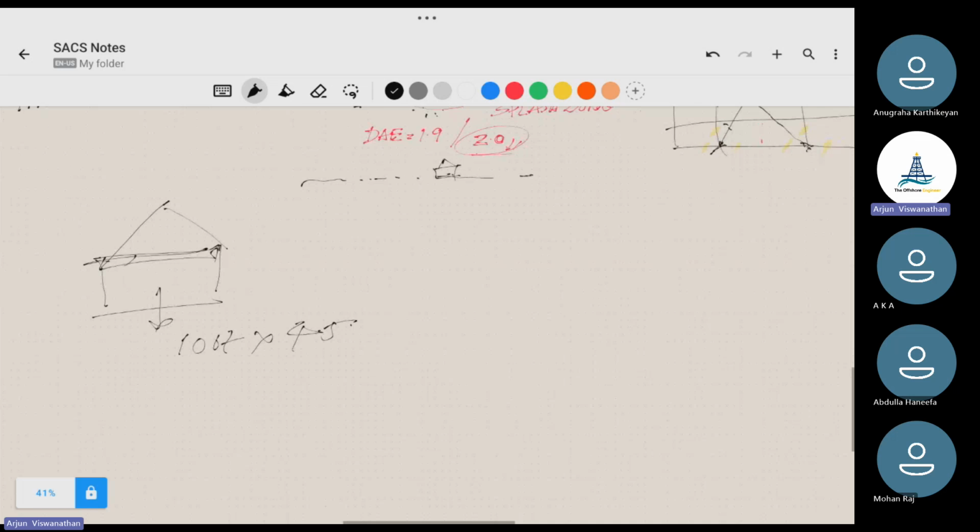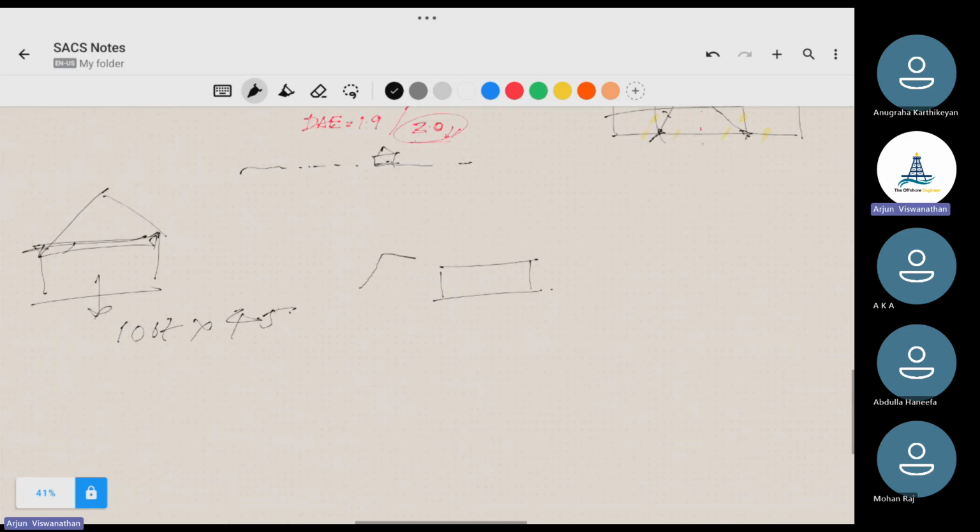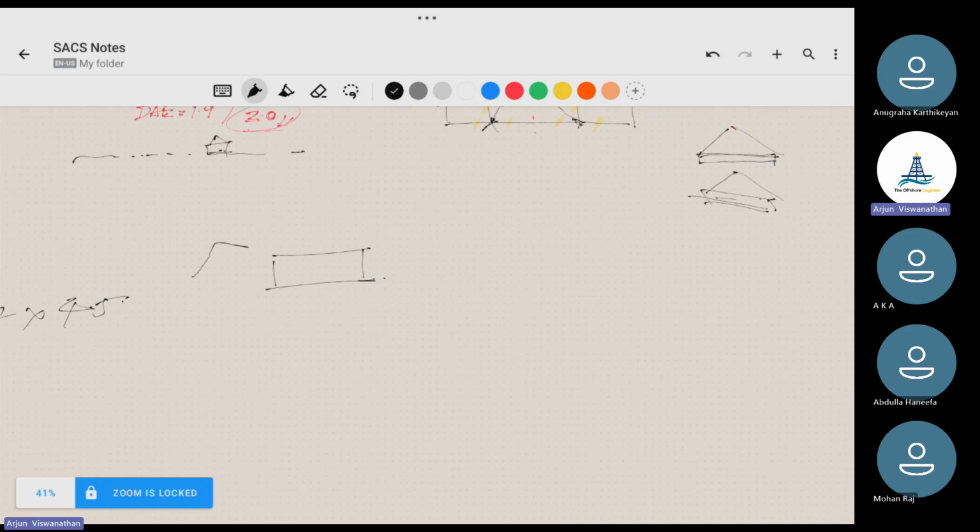Now coming to the modeling, there are a few things we need to consider. The first one is the modeling of the hook point and sling. Let's say this is my structure, these are my lifting points, and this is my hook point.